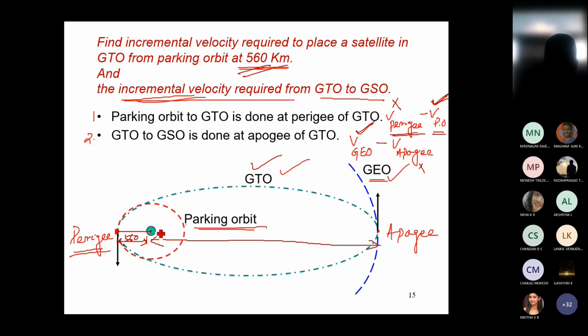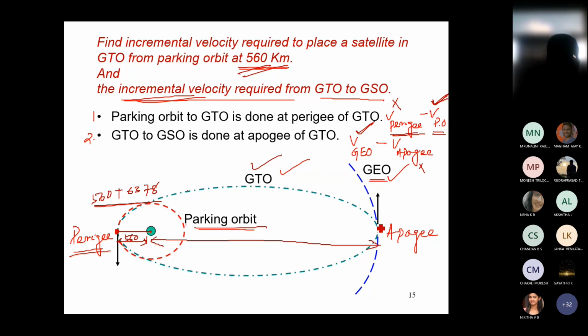First, from the center of the earth to perigee, the distance is 560 kilometer plus the radius of the earth, 6,378 kilometer. This summation gives you the orbital height of perigee. How can we calculate the orbital height of apogee? It is not given. How can we calculate it?